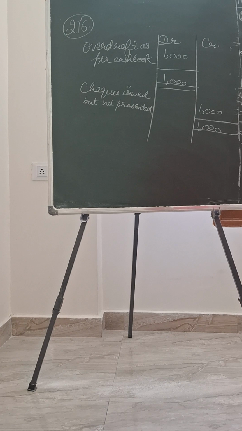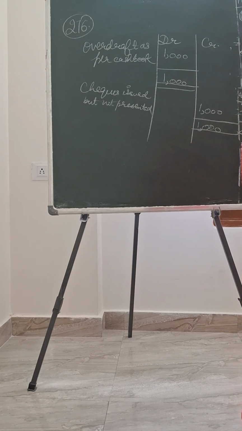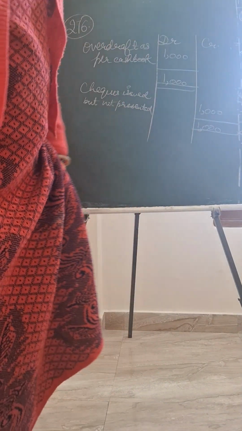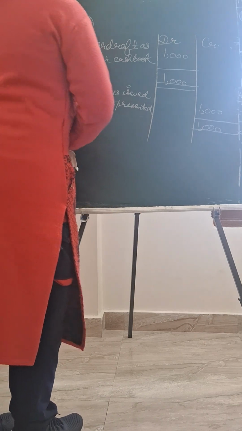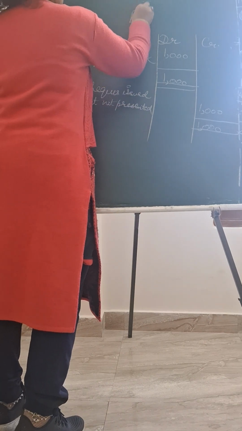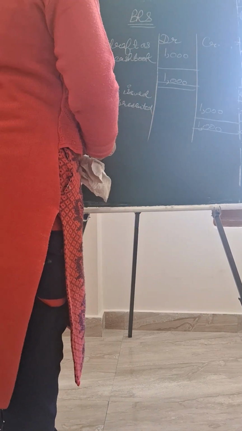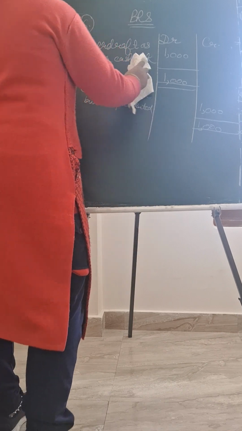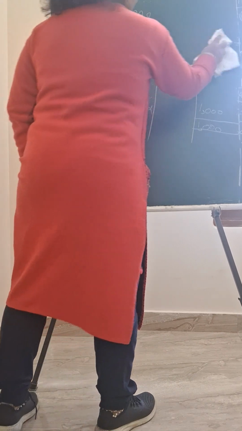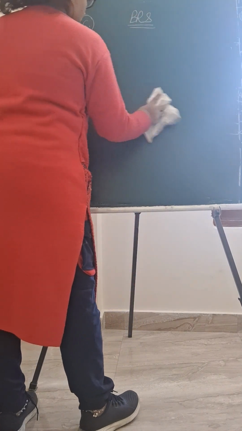Next question we have, passbook overdraft balance 30,000. These are all very important questions related to bank reconciliation statement. After this, we have the next question, question number 277.